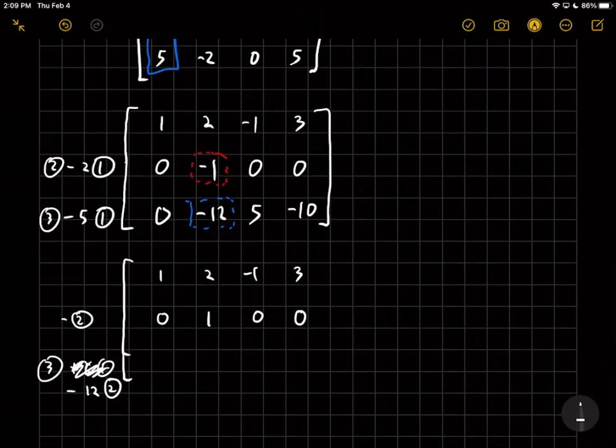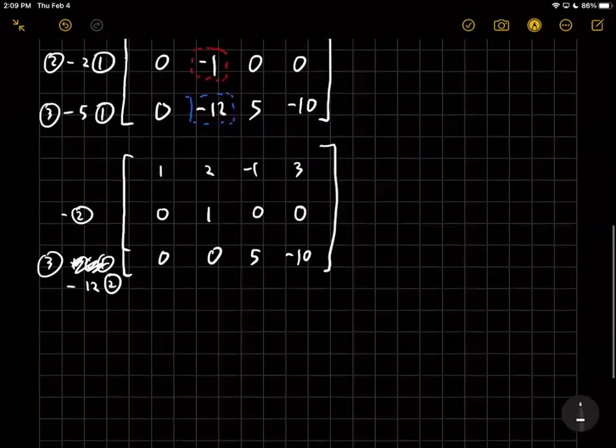So we'll use the second row, and that's going to be 0, and then we're going to get another 0 here, and then we'll have a 5 and a negative 10.